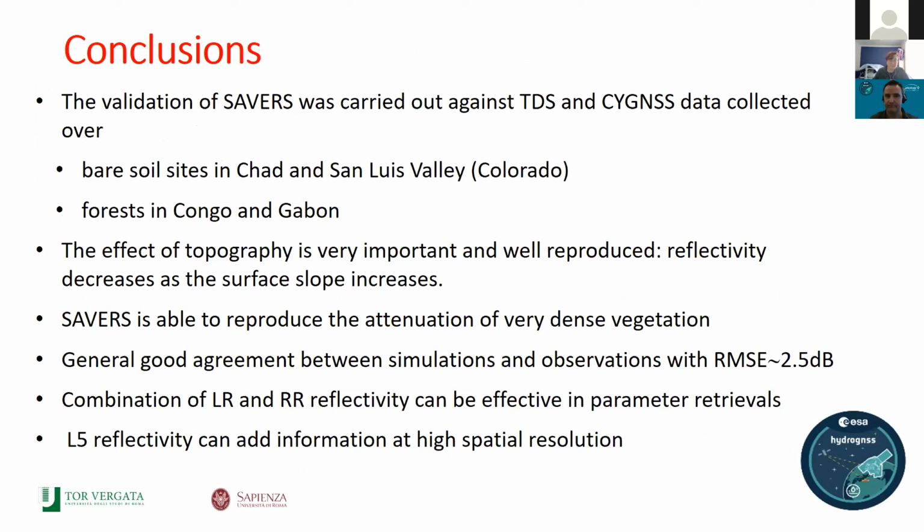And we saw that reflectivity decreases as the surface slope increases. Savers is also able to reproduce the attenuation of very dense vegetation, and a general good agreement between simulations and observation is reached with the RMS of about 2.5 dB.